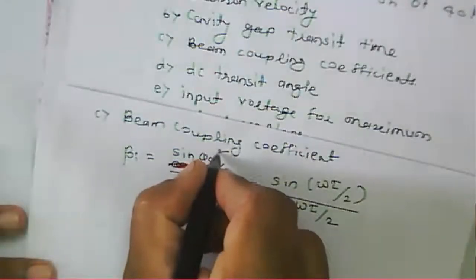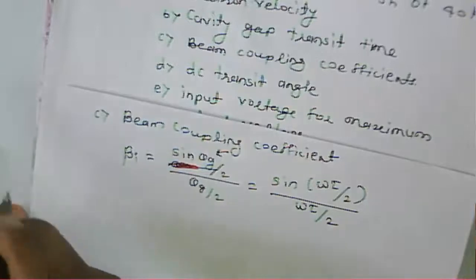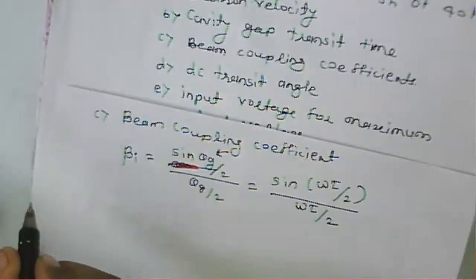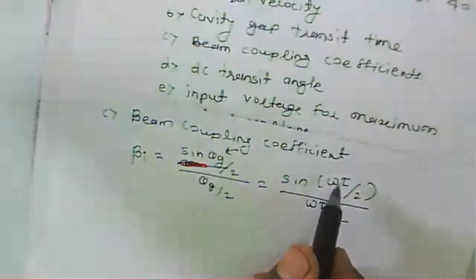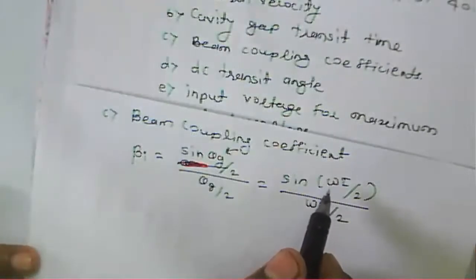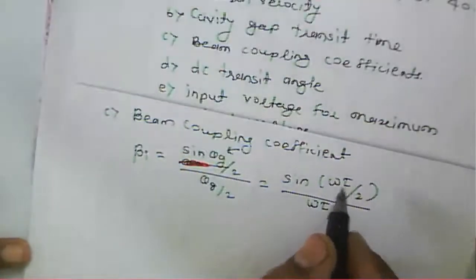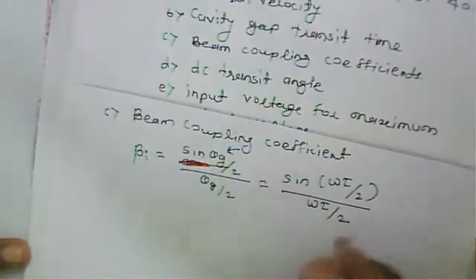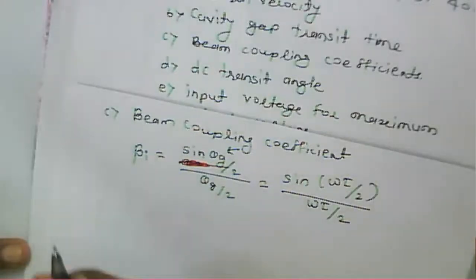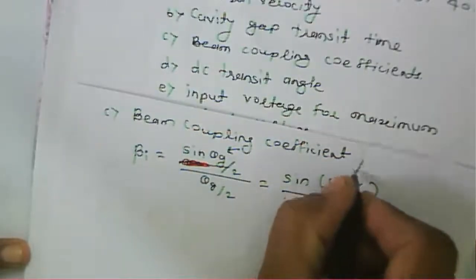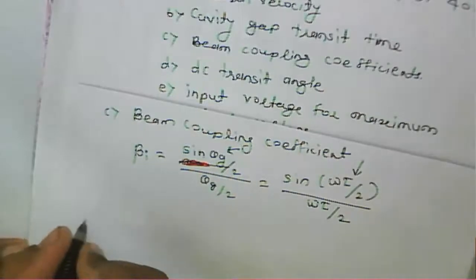Theta g is the gap transit angle, which is omega tau, where tau is the cavity gap transit time.